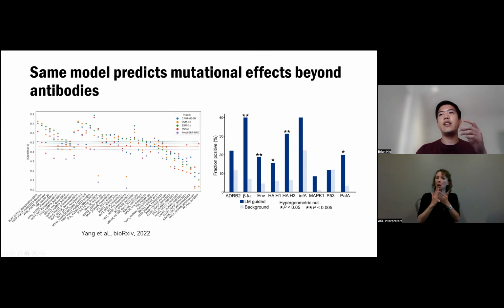It turns out in a number of these proteins, using deep mutational scanning data sets as held-out validation, you would significantly enrich for high fitness mutations using the same exact model that we use to affinity-mature antibodies, but with these other very different definitions of fitness as well. Cool.